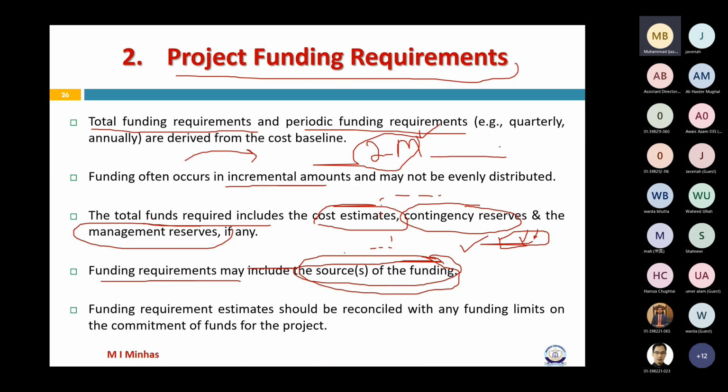And next month again we'll require 2 million, and from where this would come, we can also include these details here in the funding requirements. Is it clear? Yes sir. Okay, now funding requirements estimate should be reconciled with any funding limits. I've already told you how to reconcile the funding limits, right?